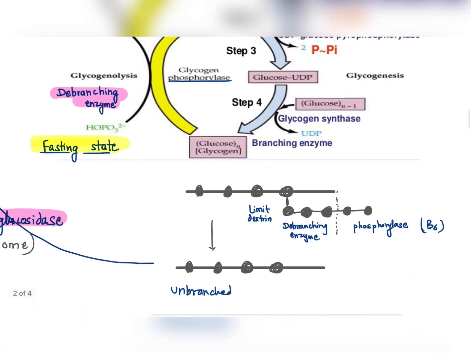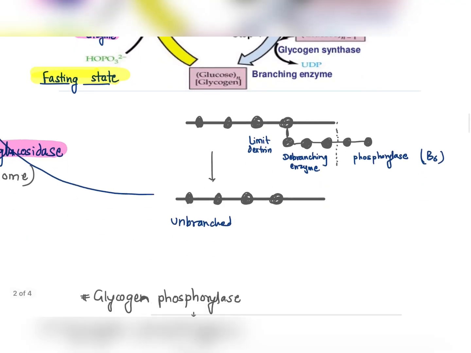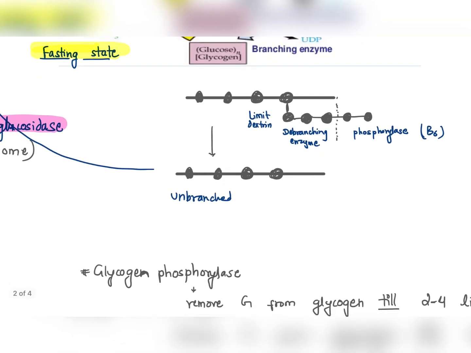Now, when UDP glucose is formed, with the help of the enzyme glycogen synthase, which is the key enzyme in the glycogen synthesis pathway, it gets incorporated into a glycogen chain. Here is a glycogen chain, right? A new glucose molecule gets incorporated here, then again and again and again.